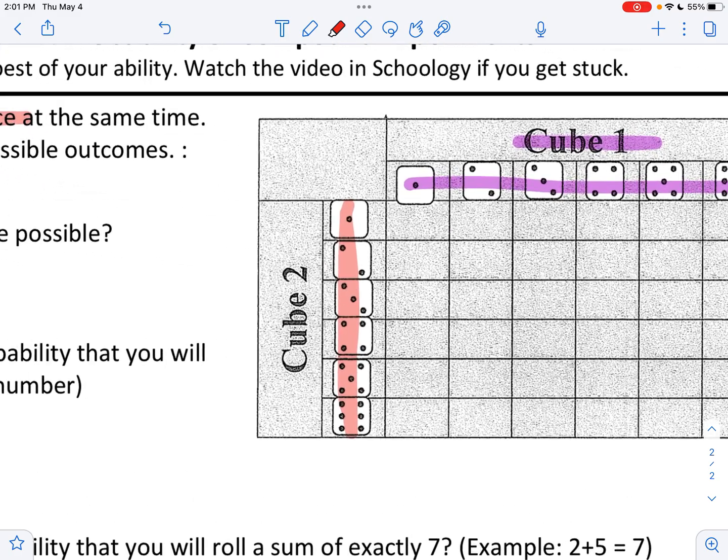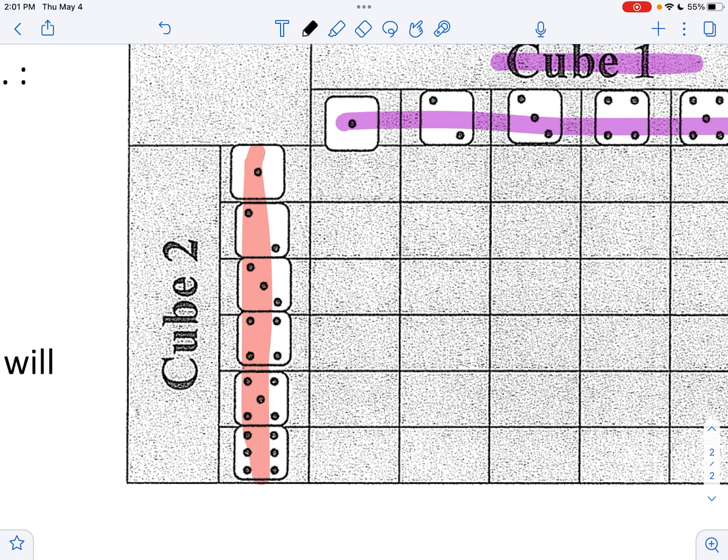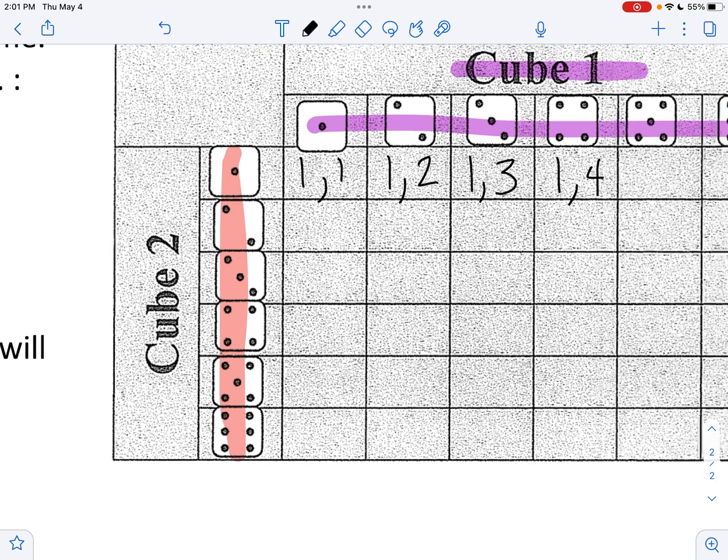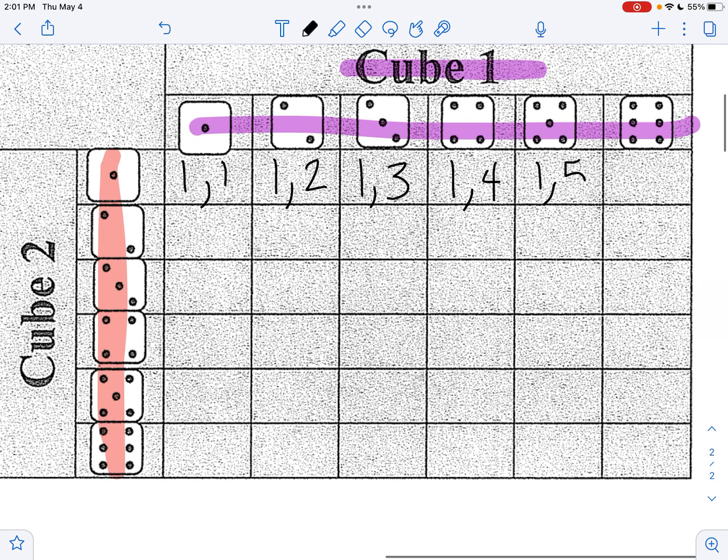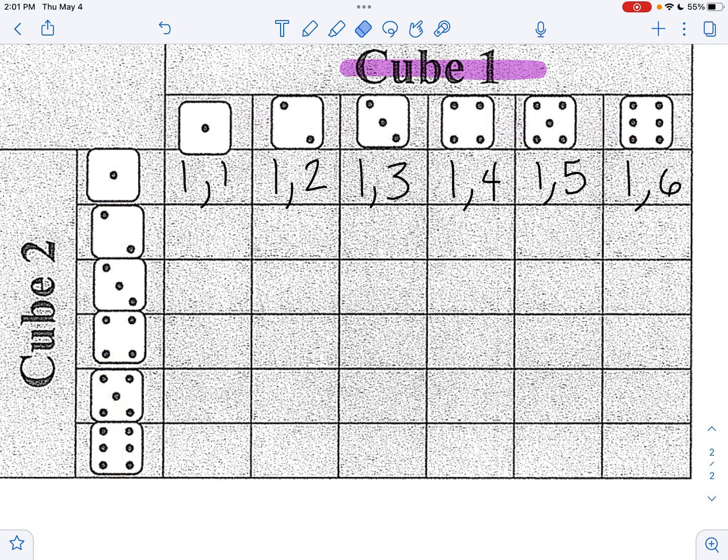So something that we could roll would be a 1 and a 1, or we could roll a 1 and a 2, or a 1 and a 3, or a 1 and a 4, or a 1 and a 5, or a 1 and a 6. Okay, so let's back up here, and I want you to see that this 1 is this 1.